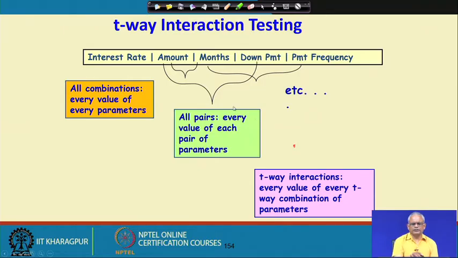And based on that, it will, let us say, give us how much to be paid every month. That is the function. If we look at the parameters here, there are 1, 2, 3, 4, 5 parameters, and there are many possible equivalence classes, boundary values, and so on for each of these.